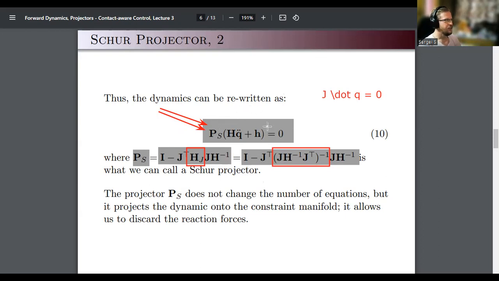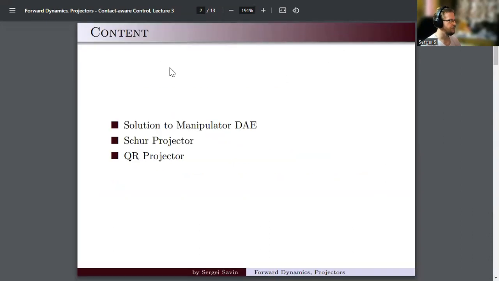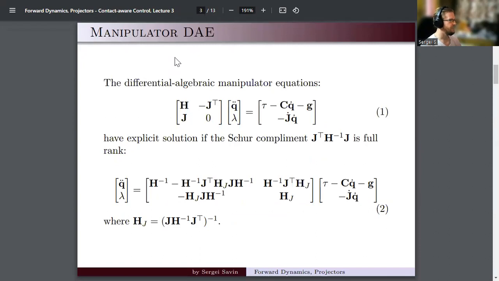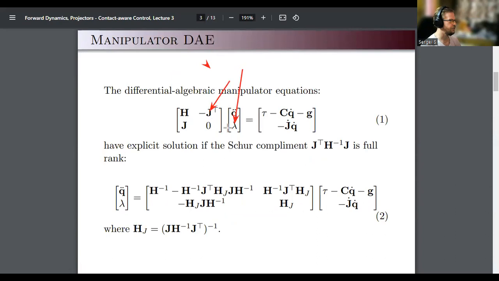Quite interesting. So this equation is, in a sense, an implicit equation, whereas the original equations that we discussed before, so for example, let me go back to the first slide, this is an explicit equation. Explicit because we have here explicit reaction forces, explicit reaction Jacobian, and explicit second order constraint equations, right?